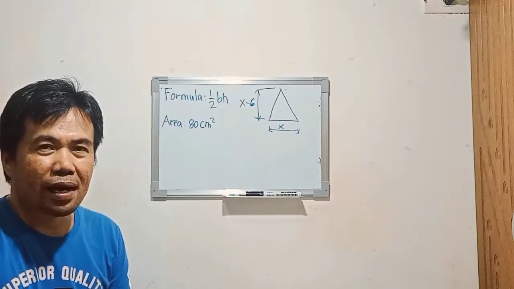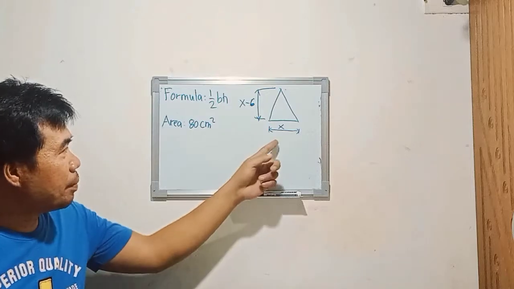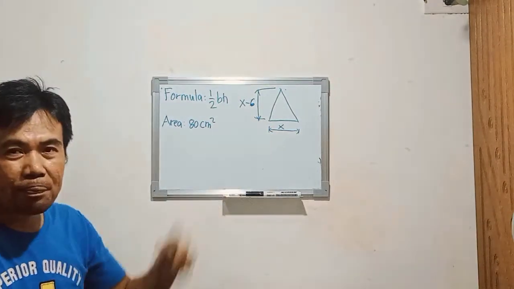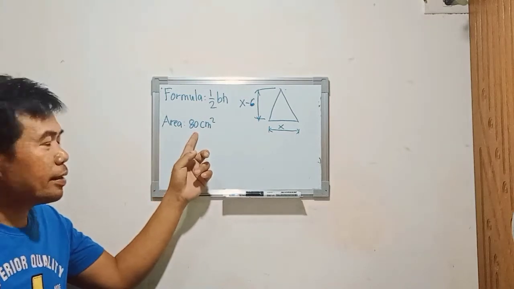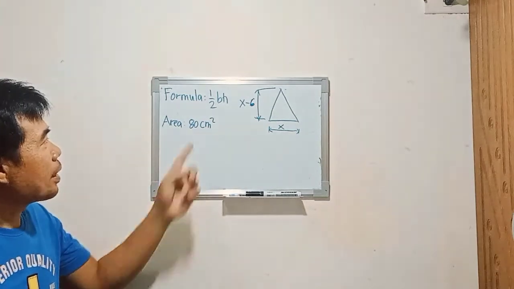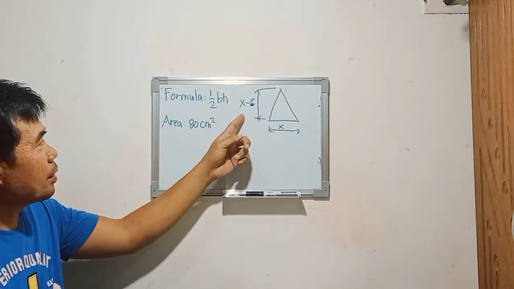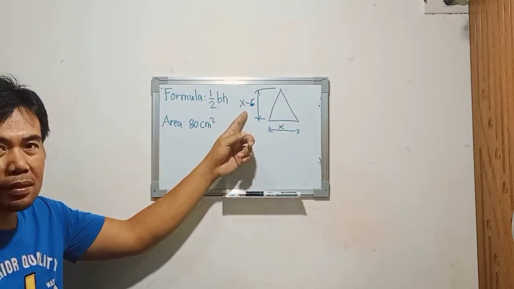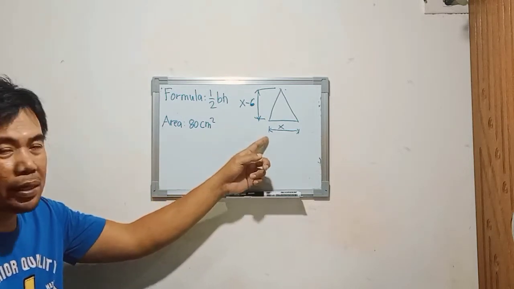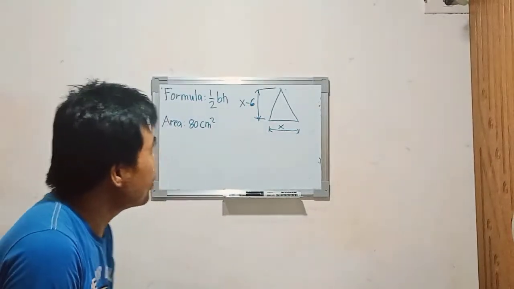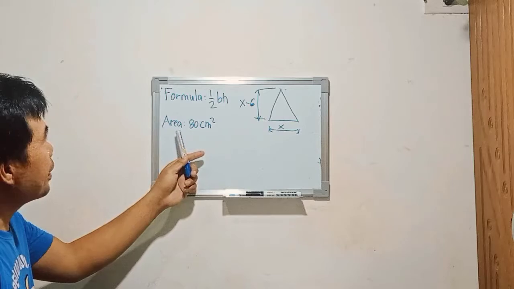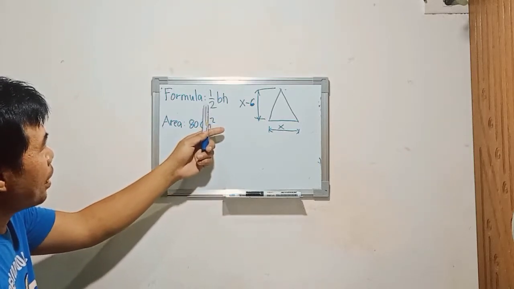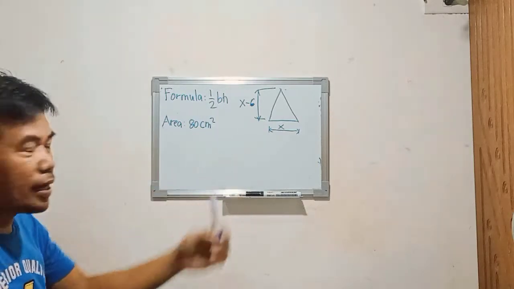Question number 4 asks us to find the value of the base and the height of the given triangle. The area is given, it's 80 square centimeters, and the height of the triangle is less than the base by 6. So let's find out. The formula for the area of a triangle is 1/2 times base times height.